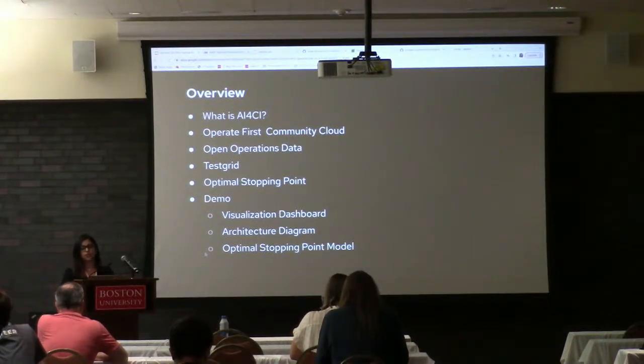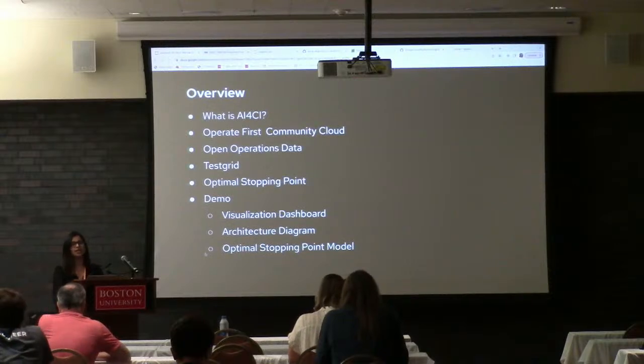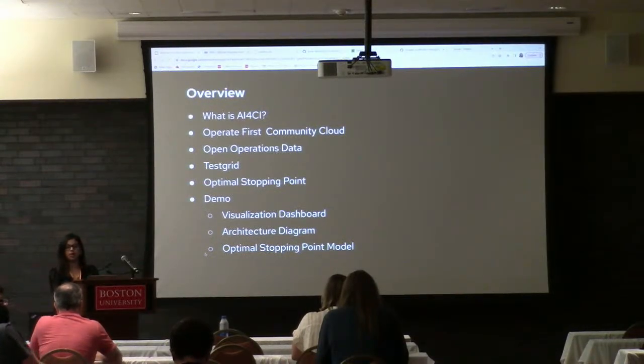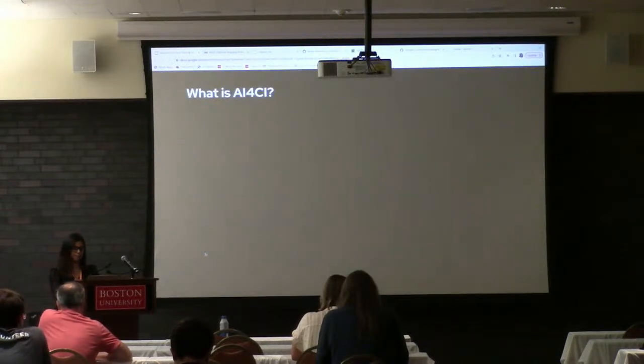Further, we'll narrow it down to one famous data source, TestGrid, and introduce you to the machine learning service that we will be demoing today called Optimal Stopping Point. Finally, we'll have a demo where we show you the visualization dashboard, the architecture diagram, and also demo the model that we've created.